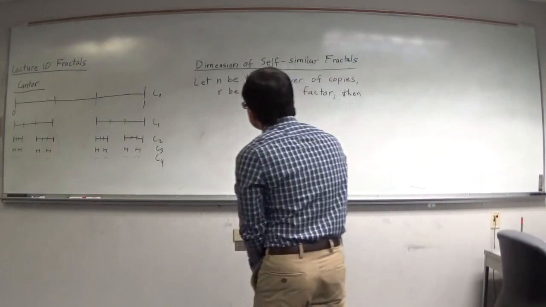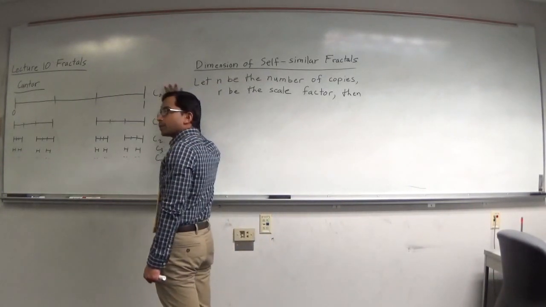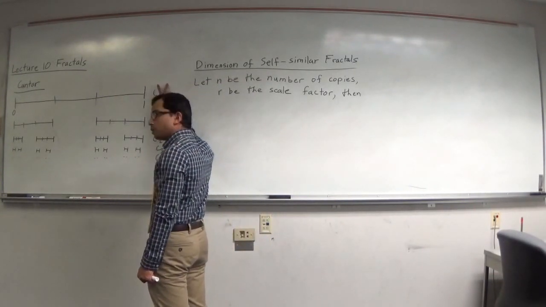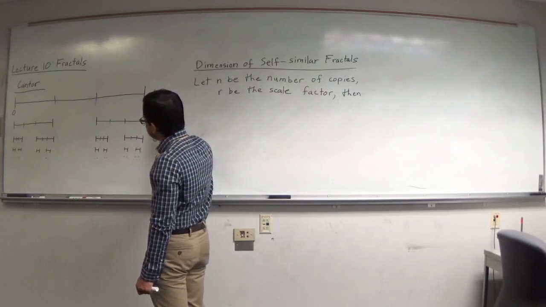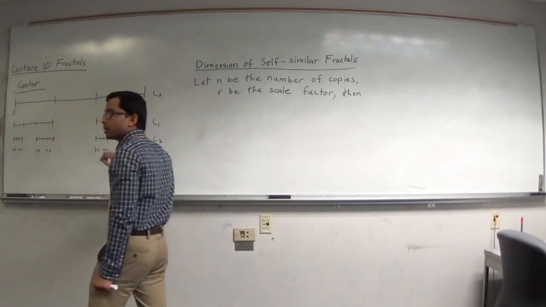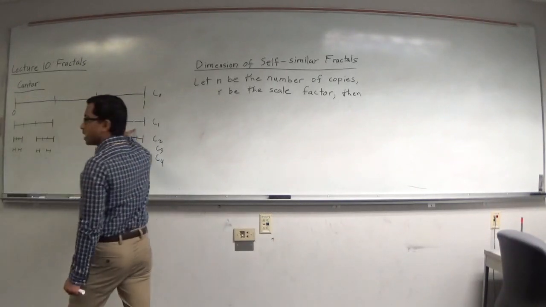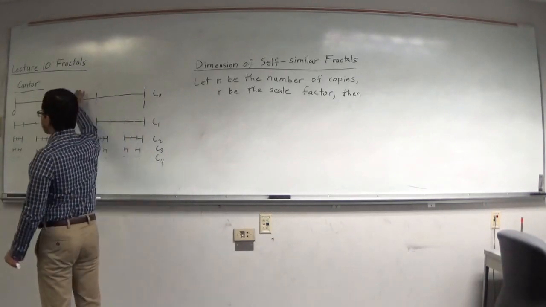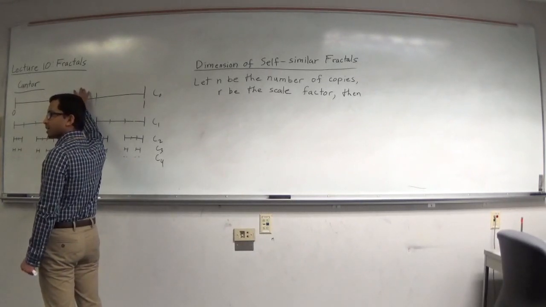Okay, so let's think of the Cantor set. Let's say we're going from the full interval into this set. How many copies are created here? We have two copies, this copy and this copy. They're both intervals, so they look just like this, except they're scaled down by how much?